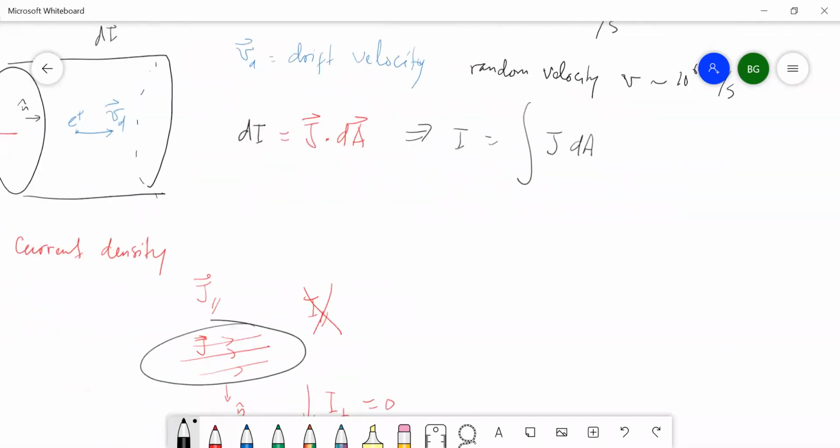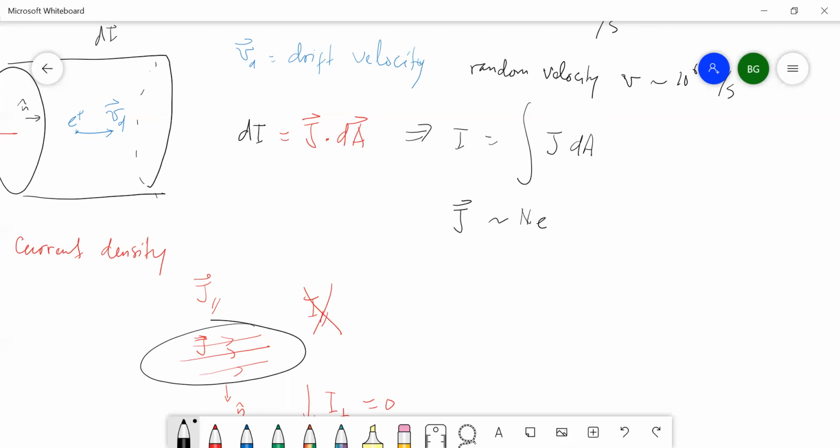So this J here, like I said, depends on the charge, how many charges. Usually we have this e here, the charge of the hole, okay? And capital N is the number of charges, the number of holes.